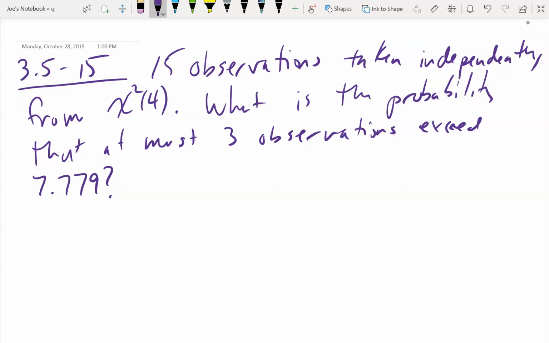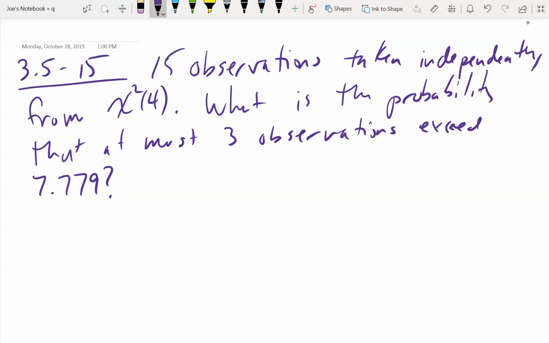All right, so there are 2 different ways we can do this. We're counting observations exceeding 7.779. So that's going to be our idea of success here, correct? We're doing Bernoulli. We're counting the number of observations that exceed 7.779, right?